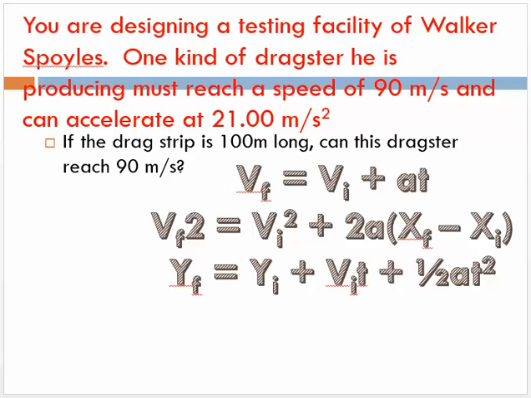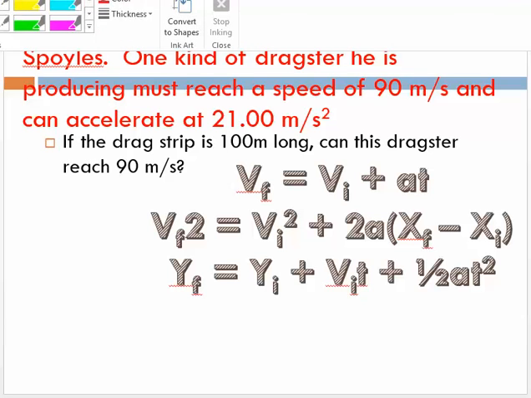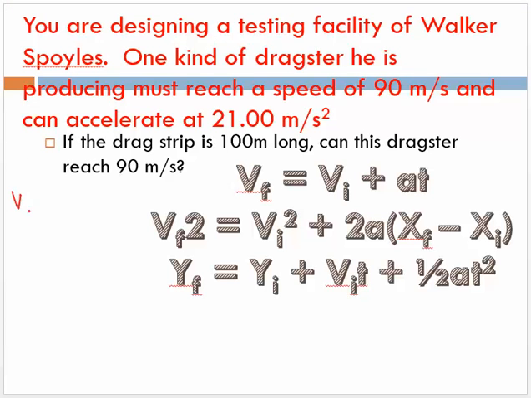Well, first thing I'm going to do is create a list of what they're giving me here. One kind of dragster he's producing must reach a speed of 90 meters per second. So I'm going to say that the velocity final equals 90 meters per second. We're talking about a drag strip, so common sense tells me velocity initial is 0 meters per second.